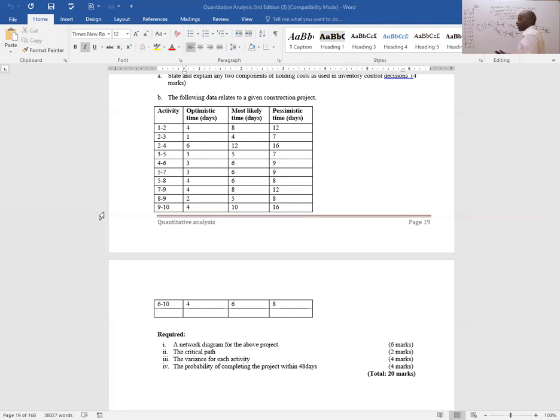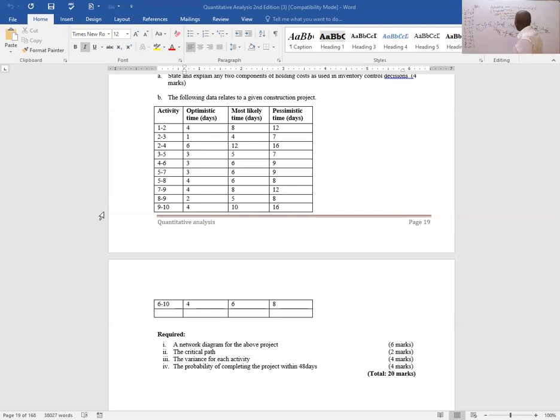Please go to G. For G, that's A, B, C, D, E, F, G, I can see 4 plus 4 times 6 plus 8, equals, divide by 6. That gives me 6 as well. So our G is 6.